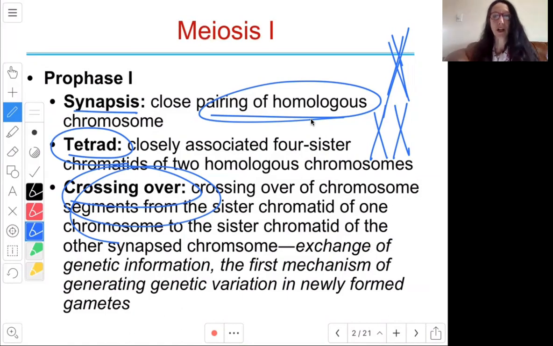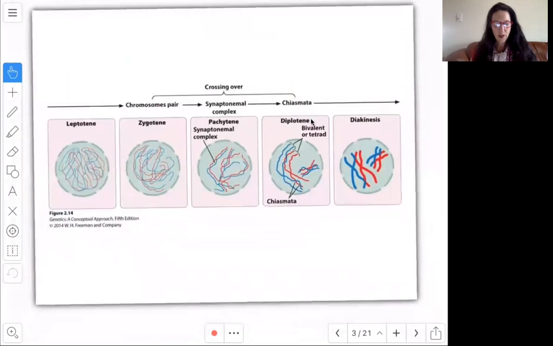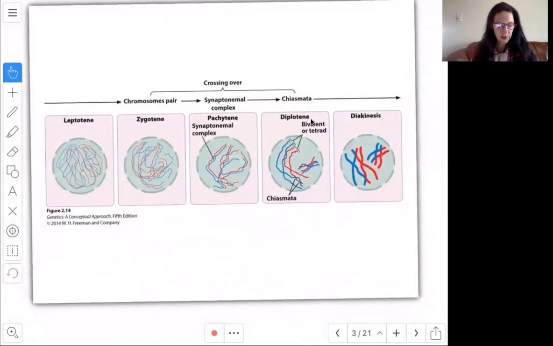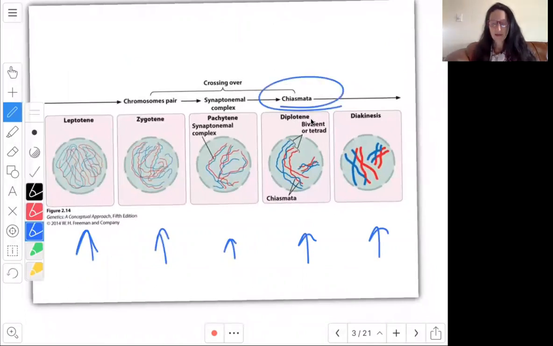Prophase I: pairing of homologous chromosomes, crossing over. Here's some nice pictures, and here's all the little stages that we can talk about for each. Still talking about prophase I. Remember this guy, the singular version, chiasma, where we actually have the physical exchange, that cross part.